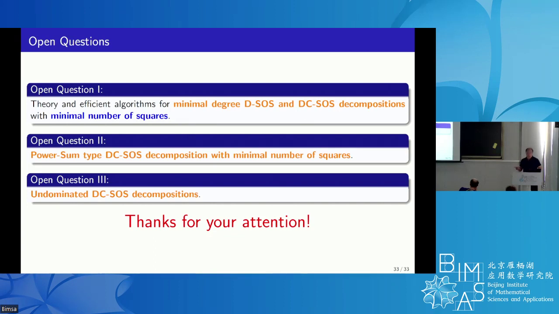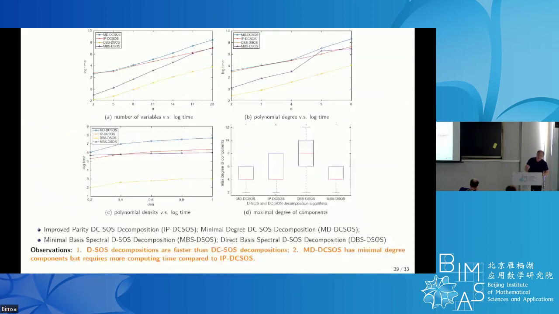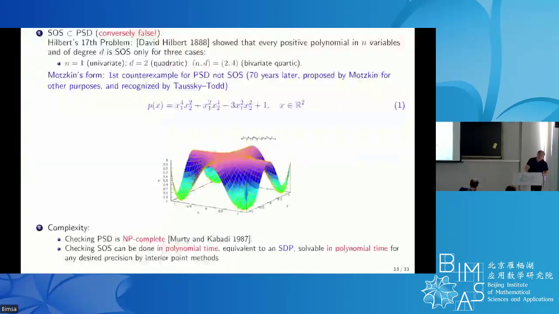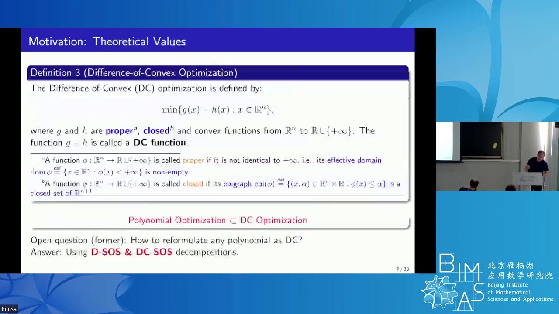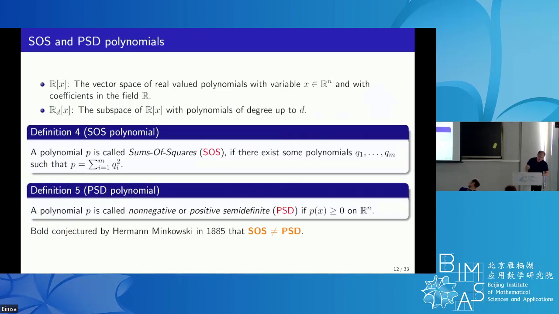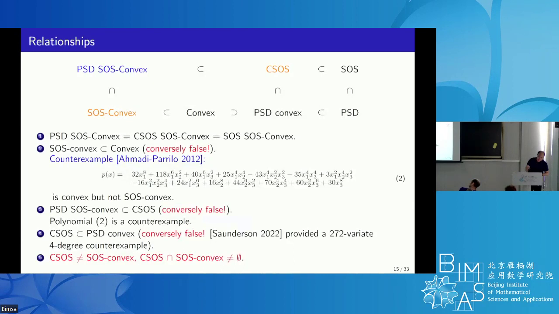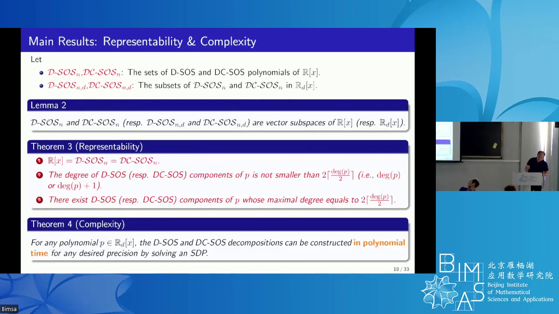I have shown in the theorem that if you construct a decomposition, it can be computed in polynomial time, just because the corresponding SCP can be solved. That is the best complexity in theory.